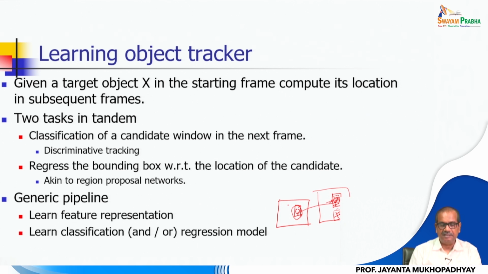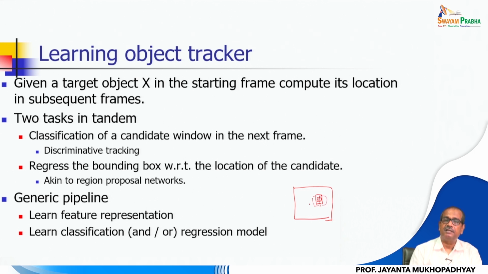And then you have to learn the classification model with respect to these features, which means you need certain training samples. And that is also quite interesting because of the video. What we do, we sometimes generate these training samples because we are specifying this target and there is an object. Now certain shifting of this target will also contain this object.